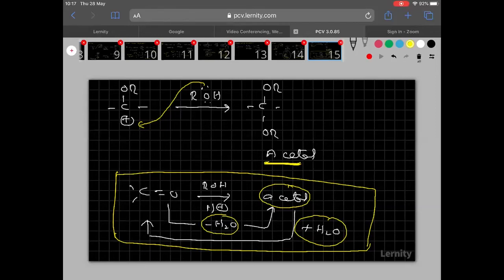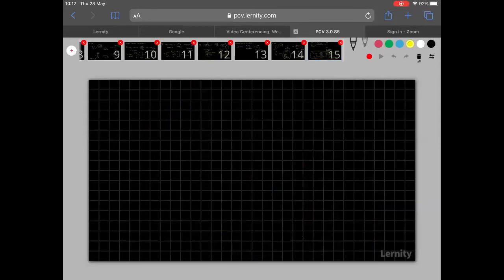Let us take some examples to explain this one. Okay, some examples here. So now you see clearly CH3CHO, when treated with alcohol, what alcohol? CH3OH I will take in presence of what? Dry HCl. So what is the product formed here then?